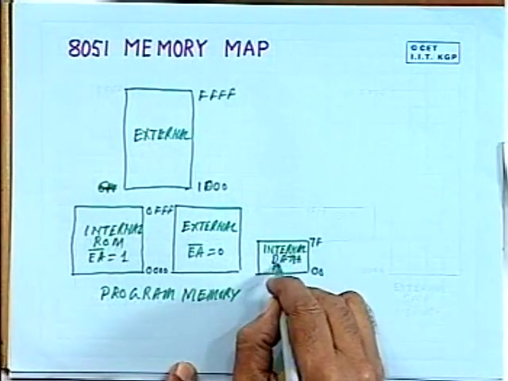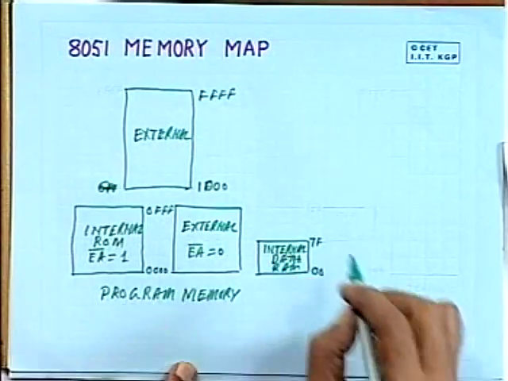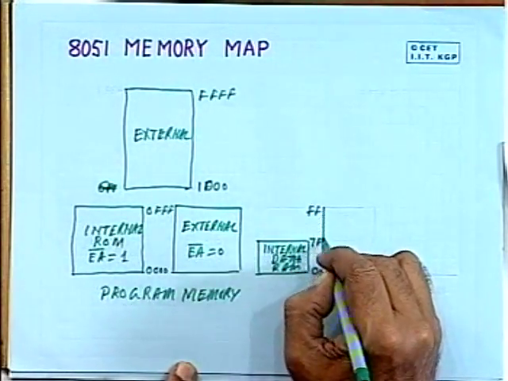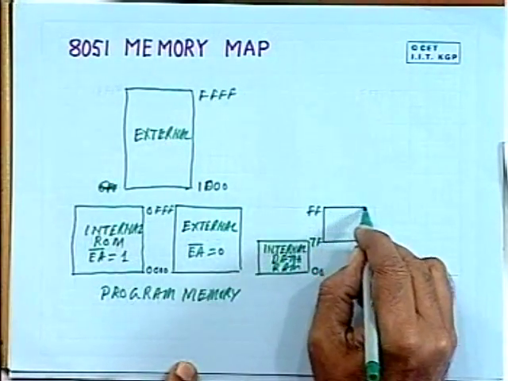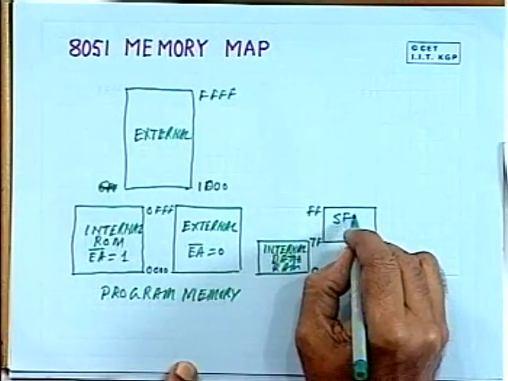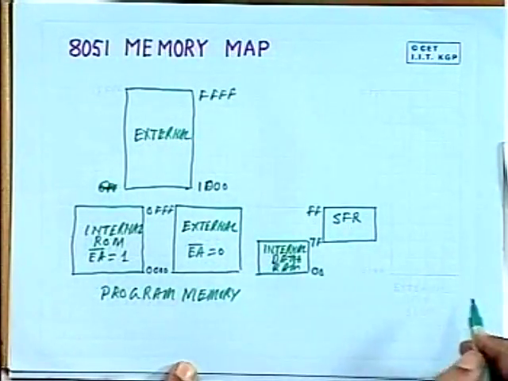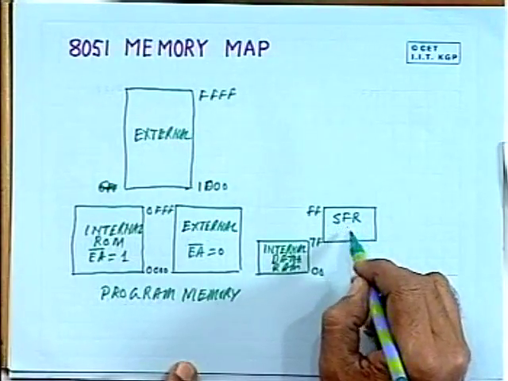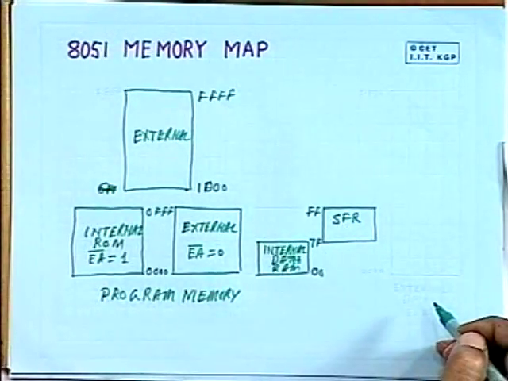And from 80 to FF, this part is also available inside the chip, but here the special function registers are mapped. We shall see how these special function registers are mapped on the internal RAM address.